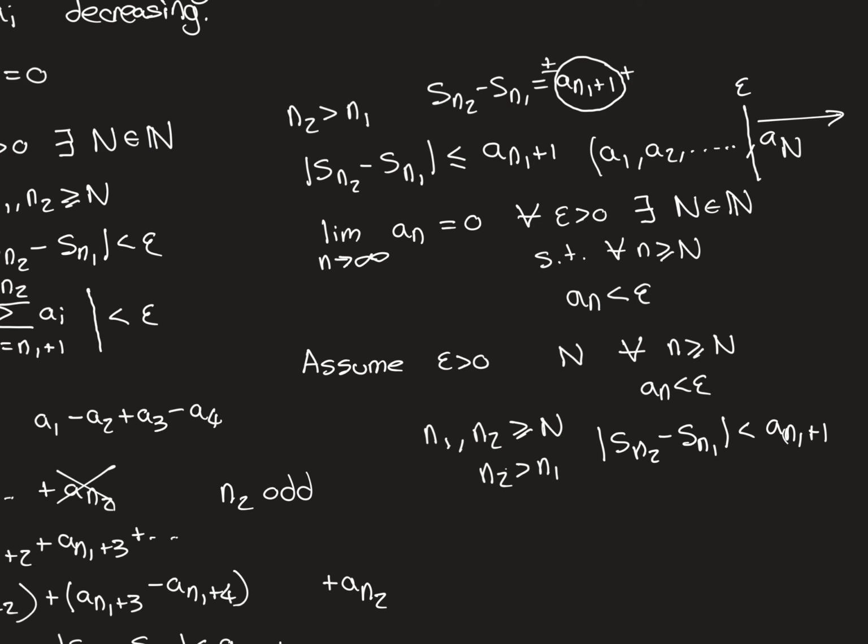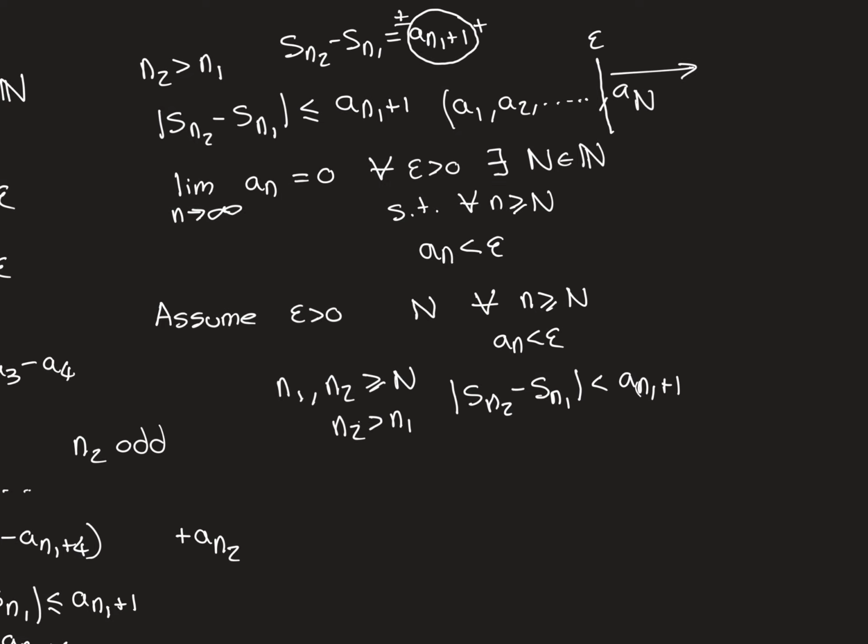But because n1 is greater than or equal to N, it satisfies this. So we know that this term is one of these terms, so it's going to be less than epsilon. So by transitivity, this is now less than epsilon, which is exactly what we needed to show.